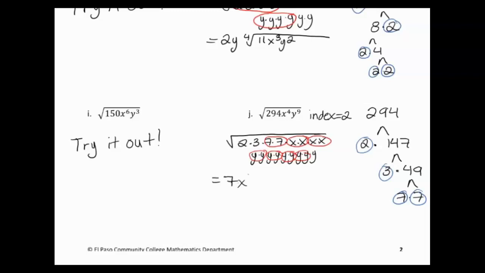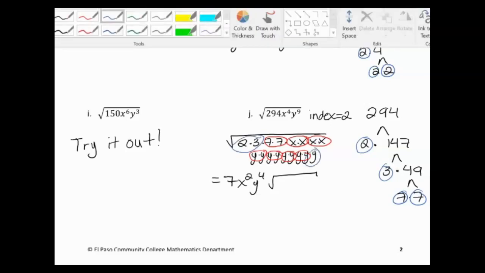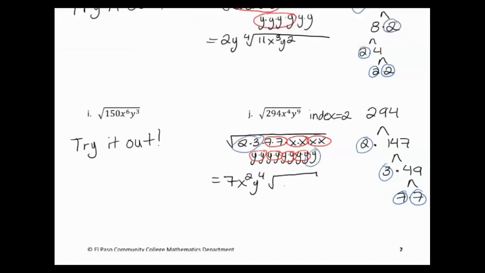And then we have x squared because we have two groups. And then we have y to the 4th. And inside we have 2 times 3 and a y. 2 times 3 is going to be 6 y. And that's our final answer.